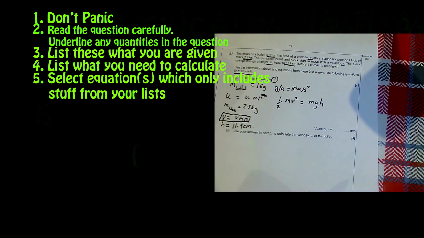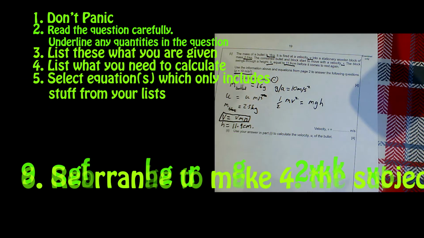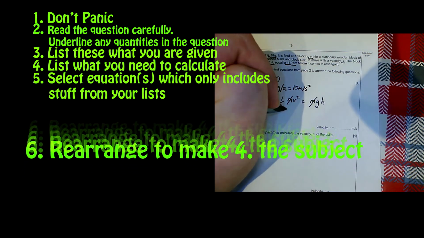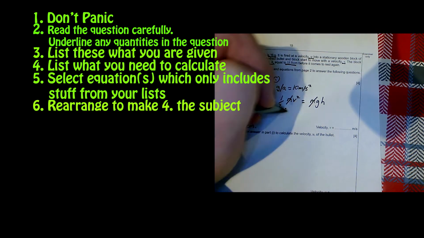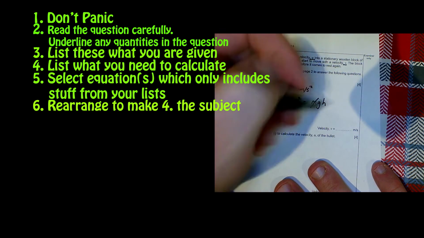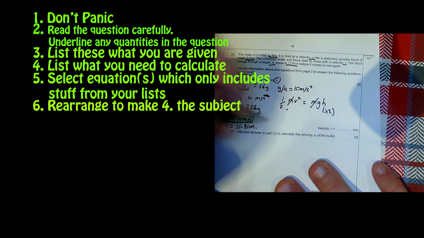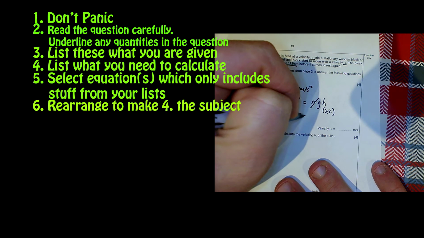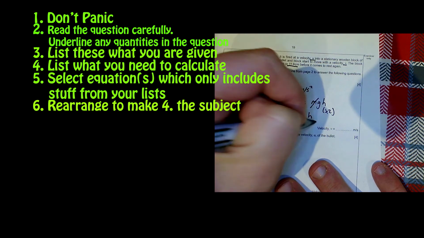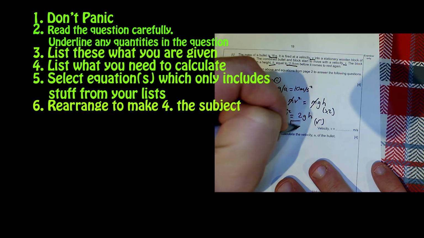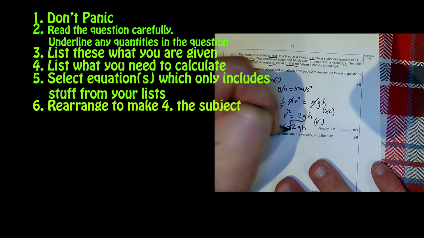Step 6, rearrange. I want v squared. The first thing is the mass cancels. To rearrange, first step, times both sides by 2, so I get v squared equals 2gh. Next, square root, so I end up with v equals the square root of 2gh.